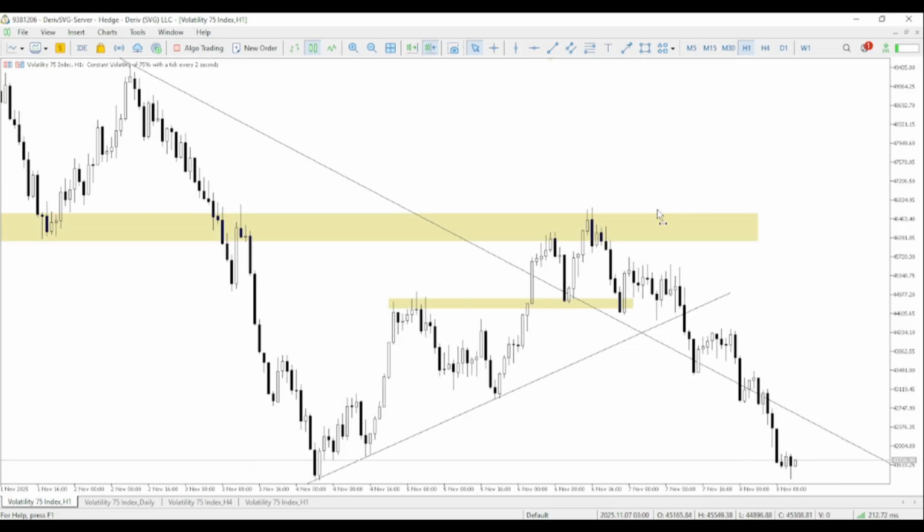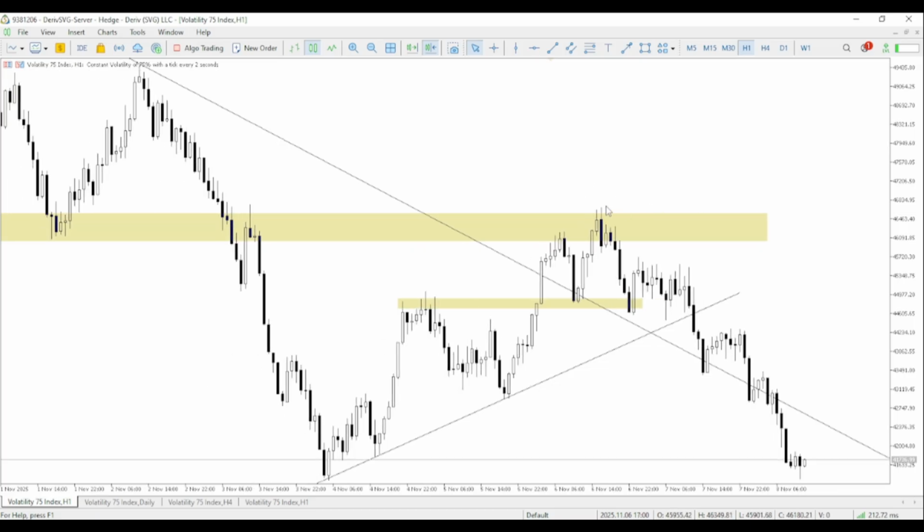So you see, this is why you need confluences. You don't need to just look for one confluence in the market. The more confluence you get in your trade, the more accurate that trade is going to be, and the more confirmation for you that trade is going to go your way.